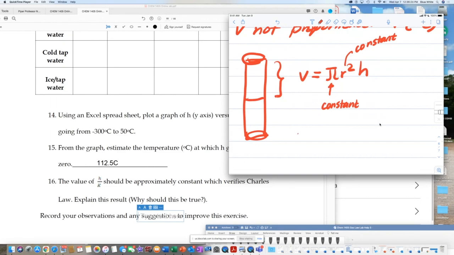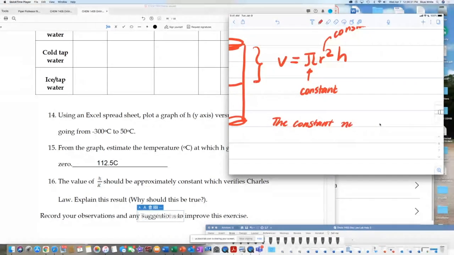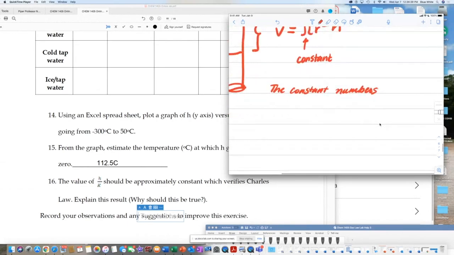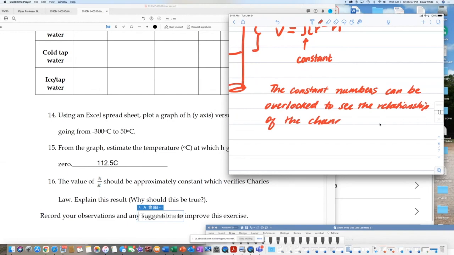So I'm going to paraphrase here: the constant numbers can be overlooked to see the relationship of the changing numbers.